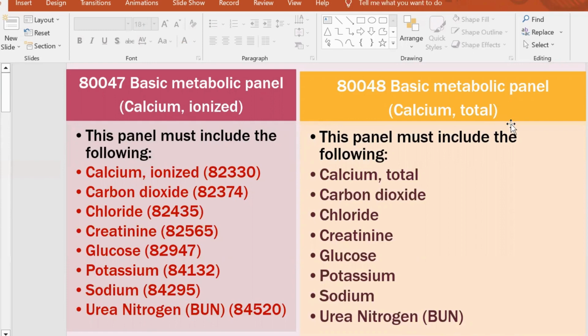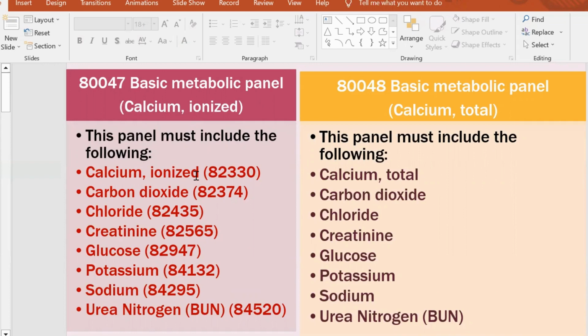Here 80,047 is a basic metabolic panel, calcium ionized, whereas 80,048 is a basic metabolic panel, calcium total. What is the difference? Basic metabolic panel means we can see 8 tests: calcium ionized, carbon dioxide, chloride, creatinine, glucose, potassium, sodium, and urea nitrogen. All these tests come under the basic metabolic panel, calcium ionized.